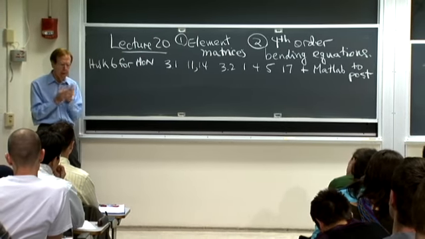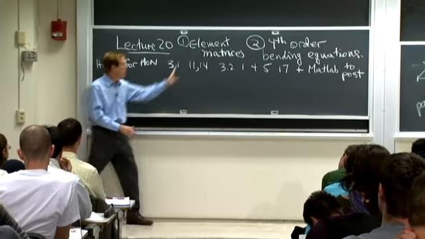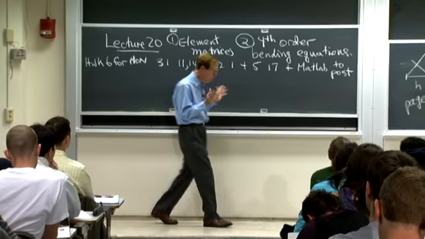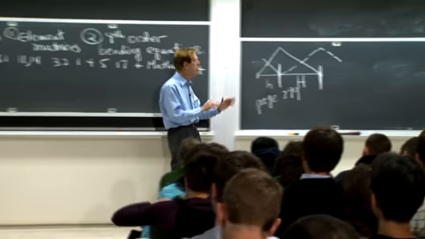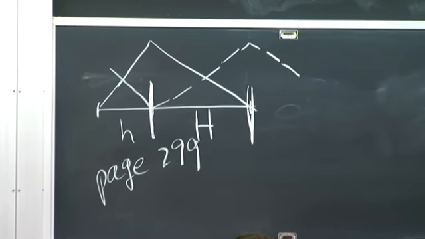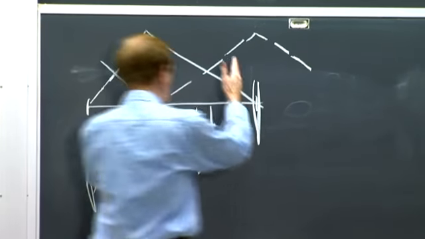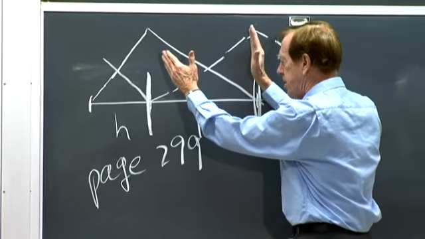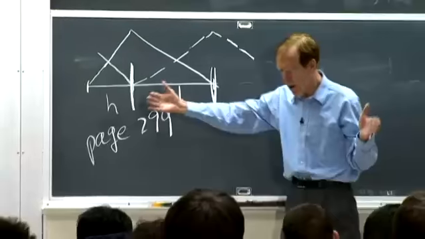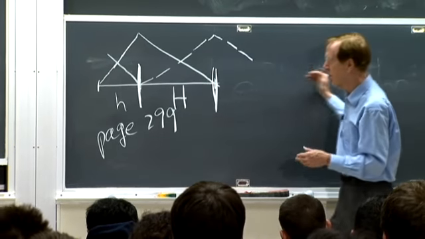the next big step. But if I want to illustrate element matrices, the best place I could do it would be to go back to our piecewise linear elements in 1D and see how an element now is just one of those little intervals, little pieces of the whole structure.